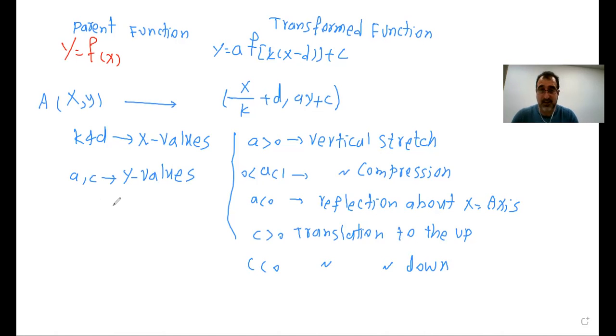Okay, what about k? What about d? As you see, all x values are divided by k. K greater than 1, horizontal compression.